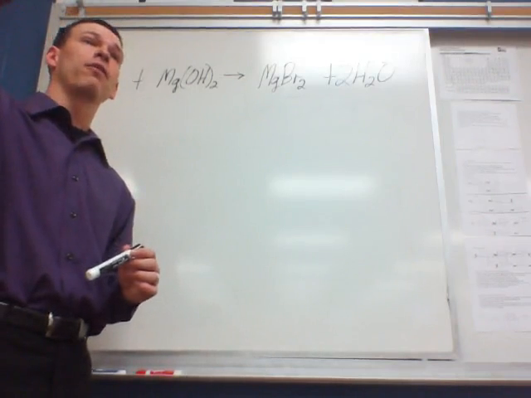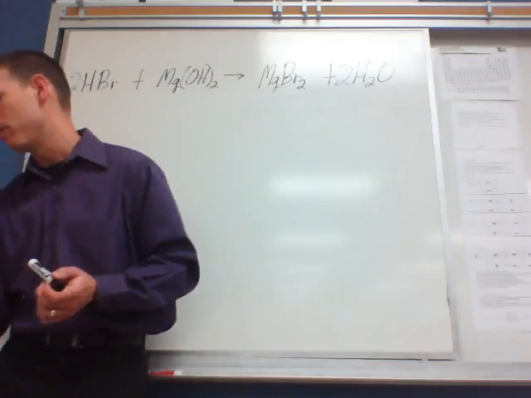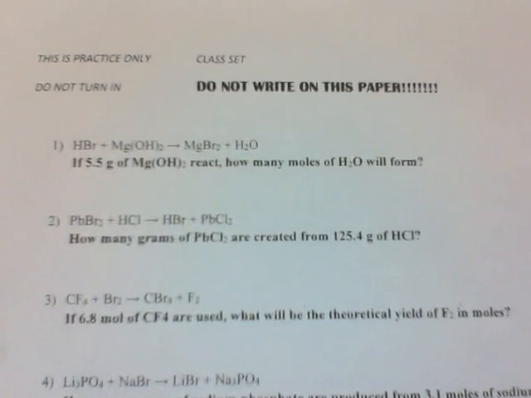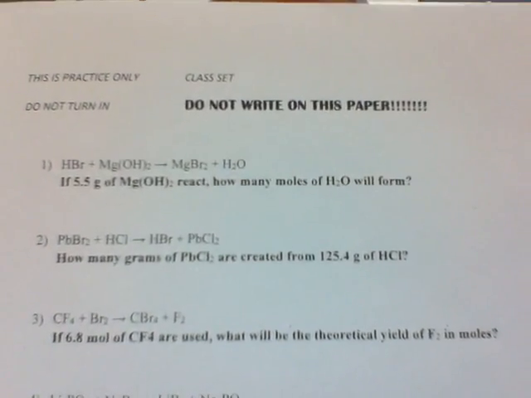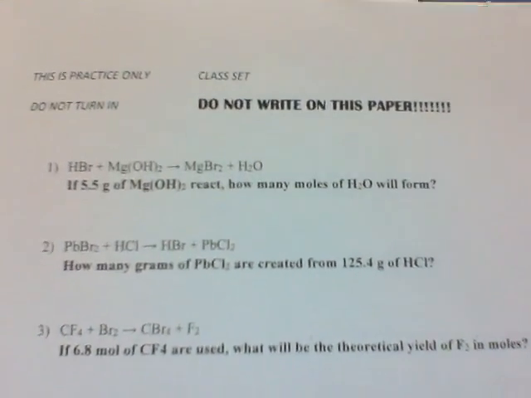What I want you to do is take your finger and put it on the given number, which is 5.5 grams. If you put your finger on 5.5, what comes immediately after the 5.5?